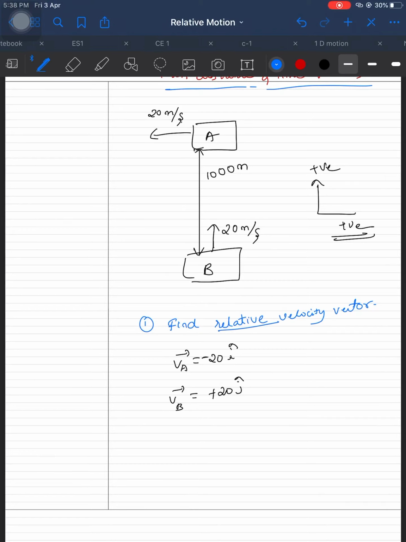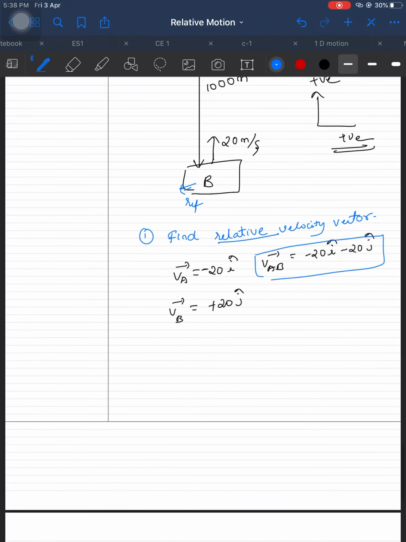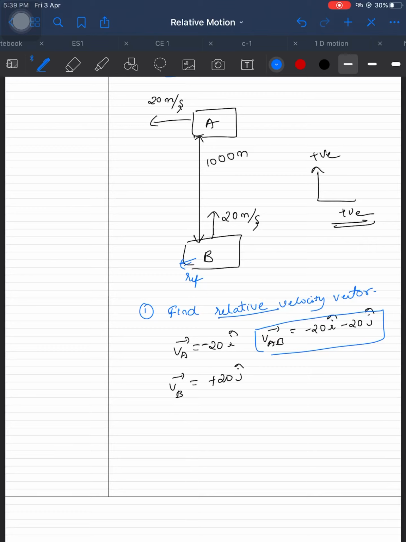Whatever relative velocity we find, we should assume one of the bodies as the origin or reference. I am considering B as my reference, so the velocity of A with respect to B is equal to minus 20 i cap minus 20 j cap. What is the meaning of velocity of A with respect to B?